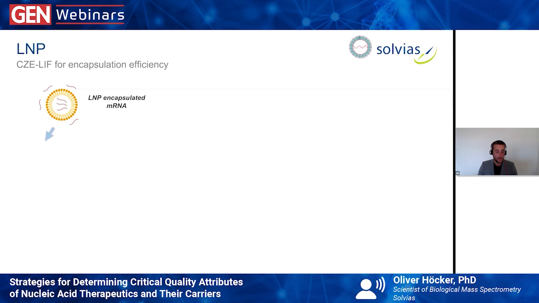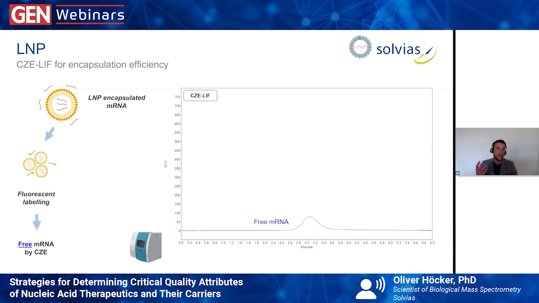So we developed another approach that is quite similar but involves capillary electrophoresis. We add to our sample a fluorescent dye that starts to emit fluorescent light in contact with mRNA. This labeled sample we then inject into our capillary electrophoresis system, and only the mRNA that is outside migrates to the detector.